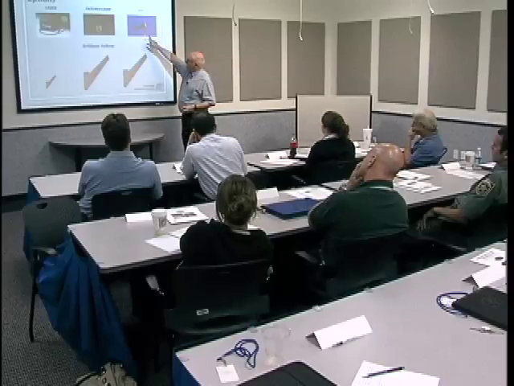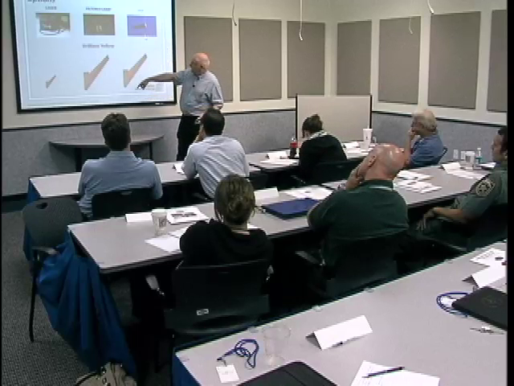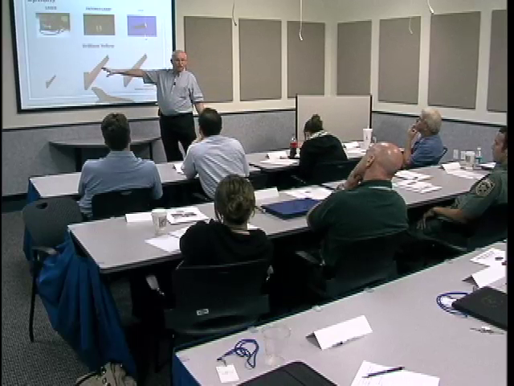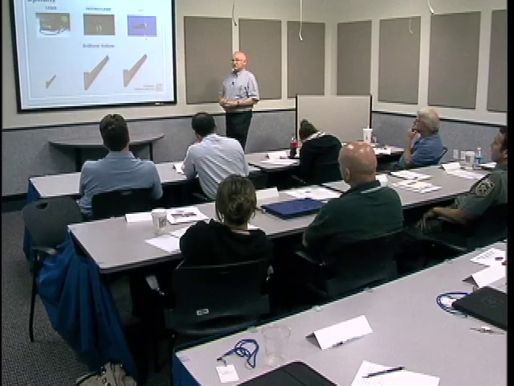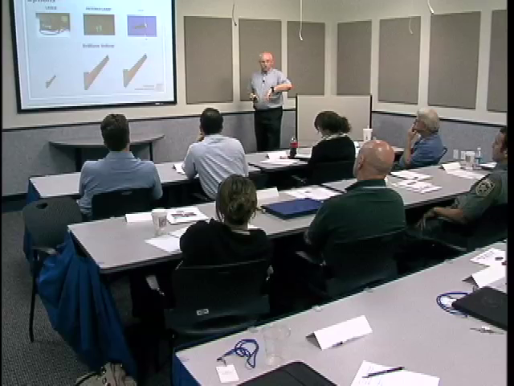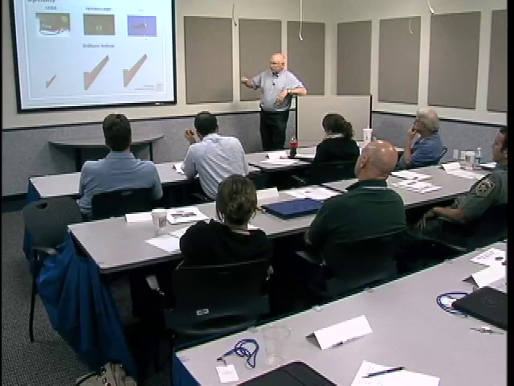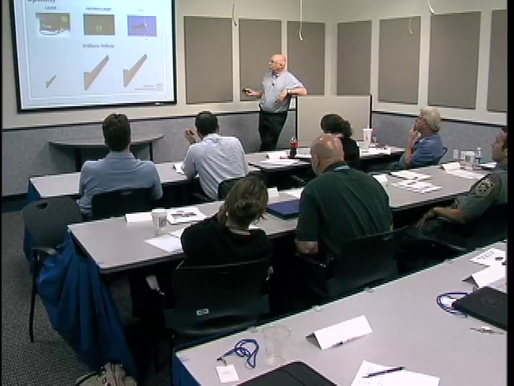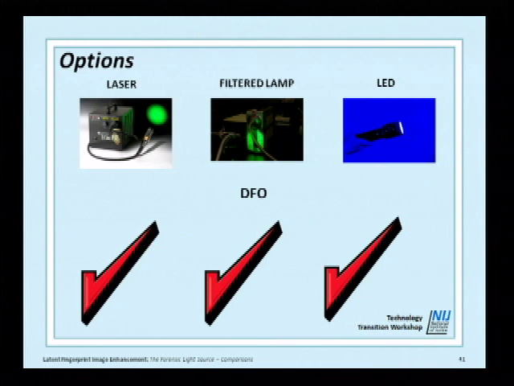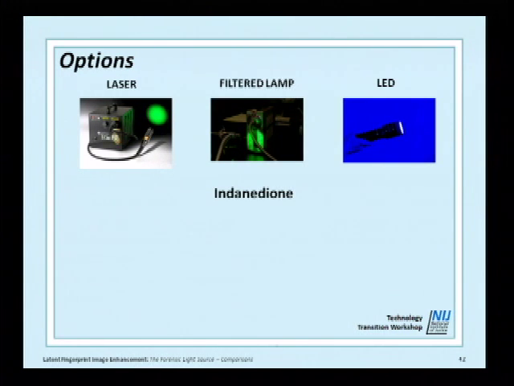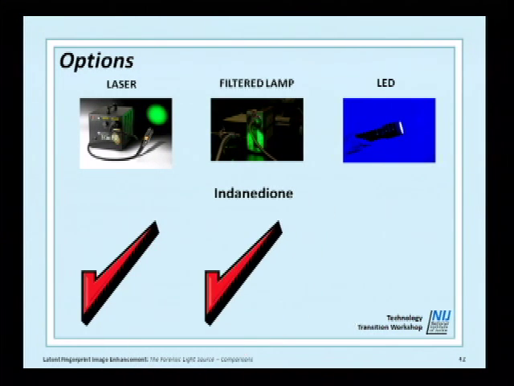And you can do better with this little LED at 450 with brilliant yellow than you can with that powerful big laser, because it's in the wrong spot for that chemical. It doesn't have a good absorption in the green, but it has a wonderful absorption in the blue. DFO, and they're all performing very well in DFO. And again, the same thing with indanedione.